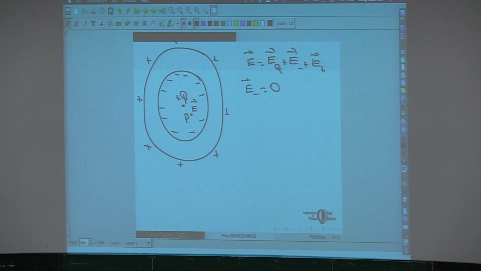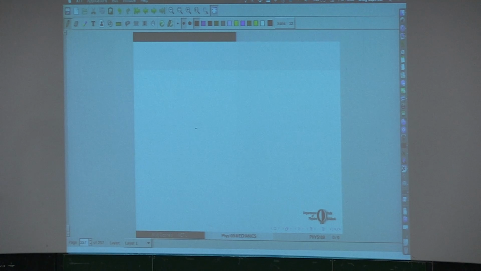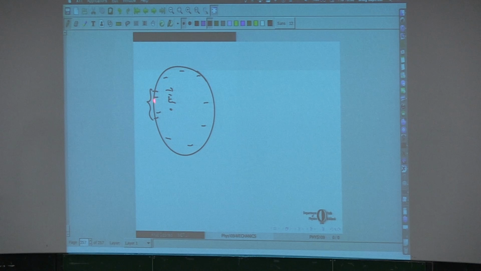The negative charges in the inner surface do not create any electric field inside. As long as you have a spherical shell, the charges on the spherical shell never create an electric field inside. Why? You can think of it like this. Let's just look at the minus charges. If we want to calculate E minus at this point, let's take some patch over here. The electric field created by these minus charges, in which direction will it point?